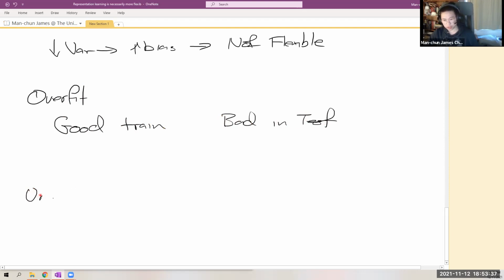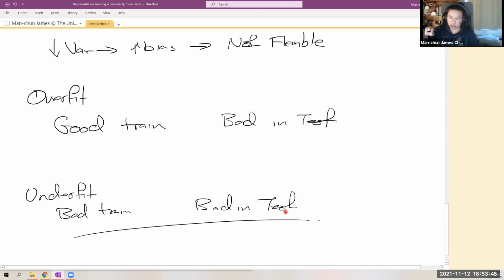Underfitting is bad in train and bad in test. And then the perfect amount would be good in train and good in test.